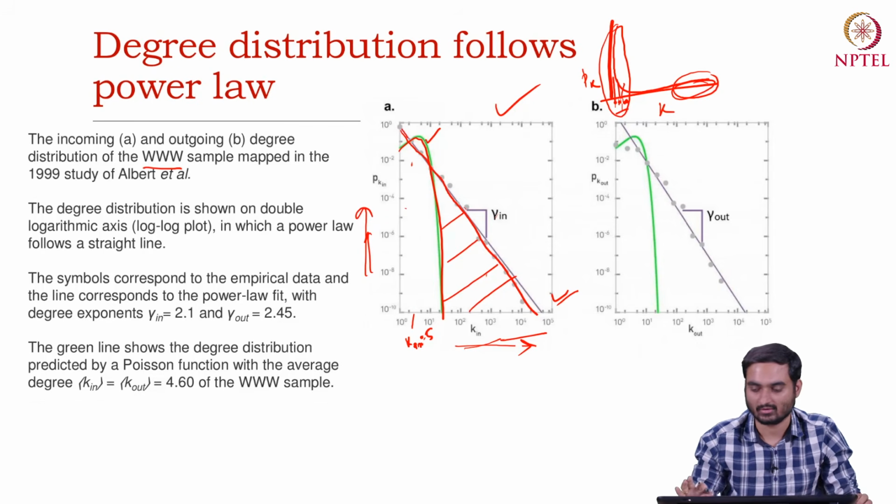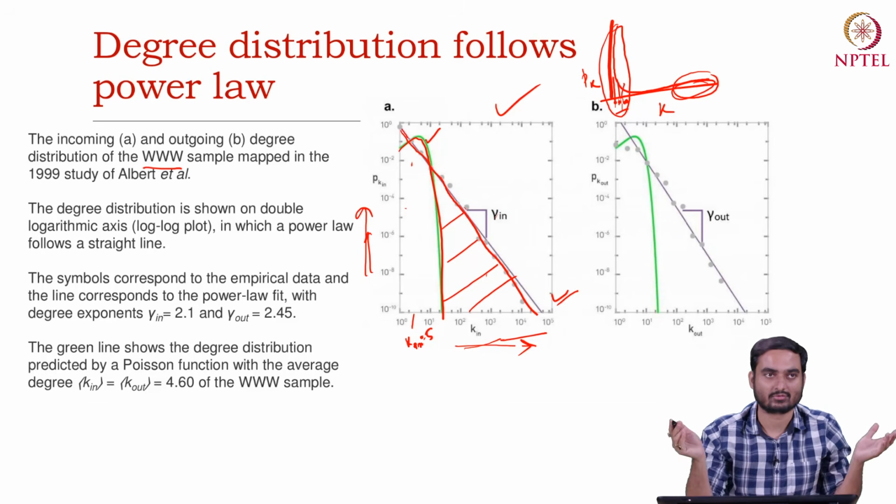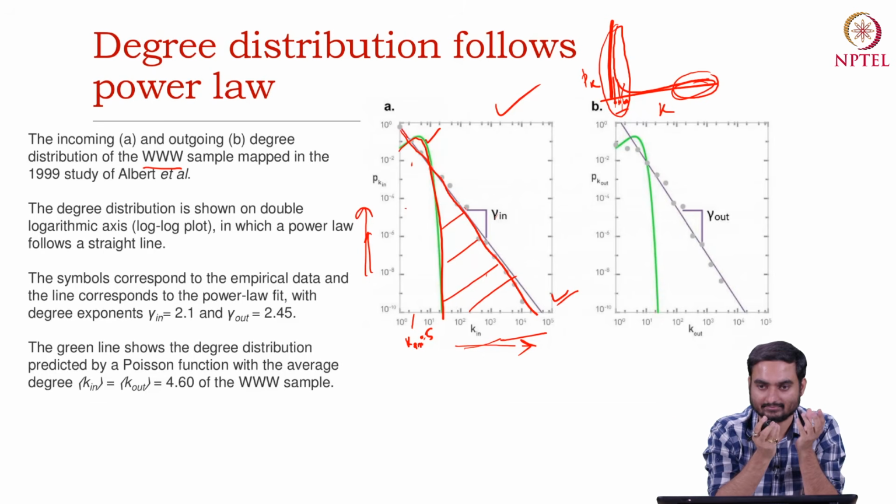So this is power law, and if a network follows the power law degree distribution, you can blindly say that this network has a lot of nodes with low degree, a small degree, and very few nodes with a lot of degrees, right?